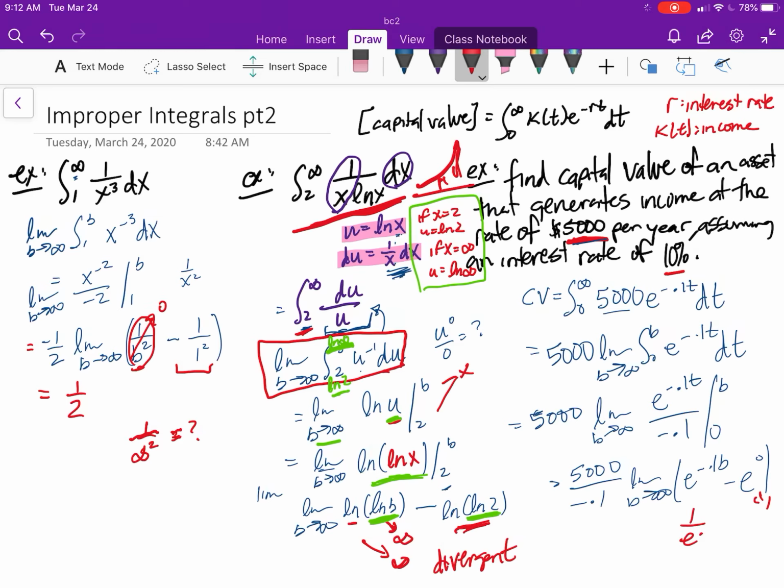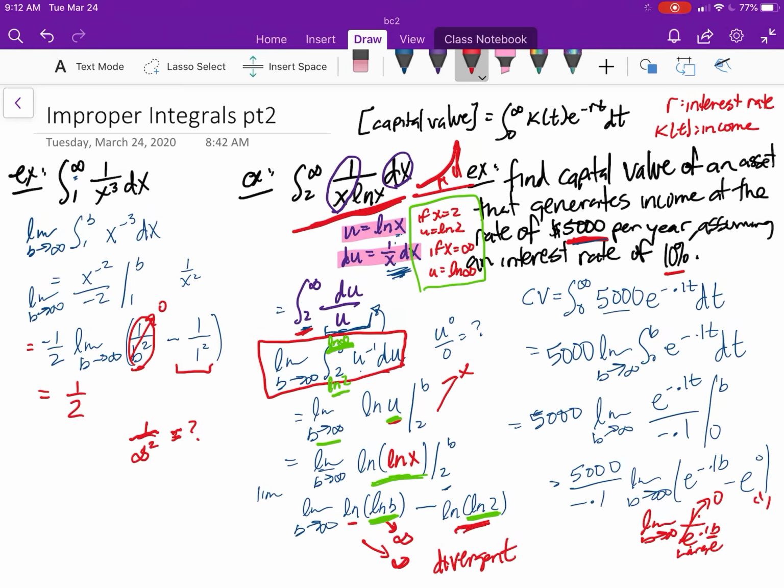That means 1 over e to the 0.1b. And remember, we're doing the limit as b goes to infinity. So this is going to divide by e to some infinitely large exponent, which makes the whole denominator infinitely large, right? So if I have 1 divided by something infinitely large, then again, that's going to tend to 0.